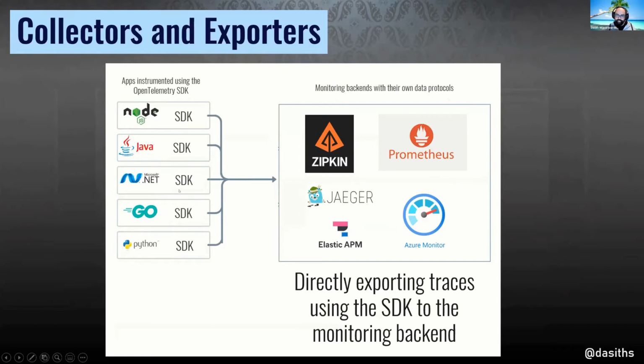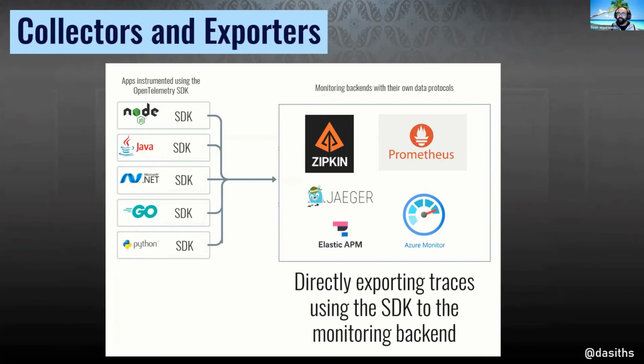So this is a NuGet package we've installed on the .NET application. And this is going to be the example I'm going to show you today in my demo. And we also import an exporter. I know importing an exporter sounds very weird, but the exporter is a NuGet library again.